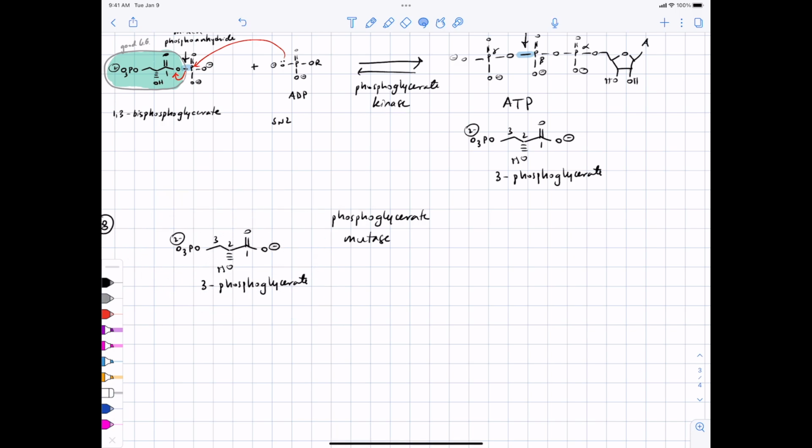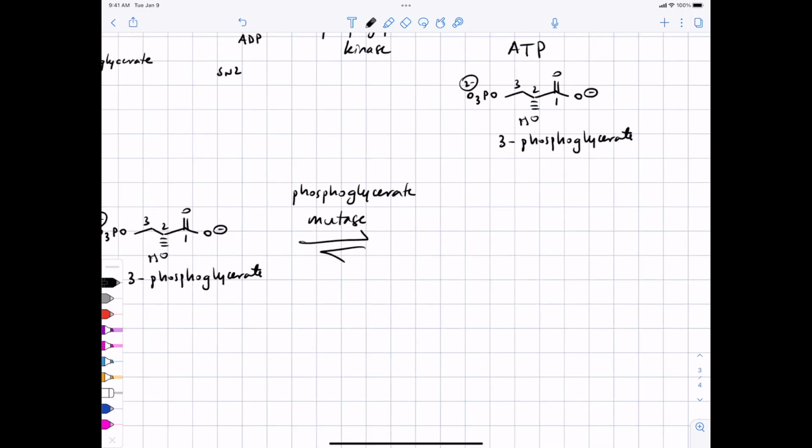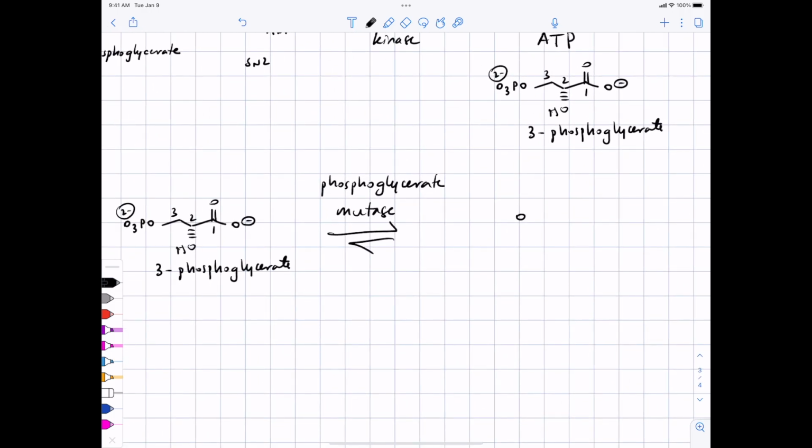It's going to move that phosphate group from the OH on carbon 3 to the OH on carbon 2. So we're going to have an OH here. The OH on carbon 2 is going to be the one with the phosphate group. And then we've got the carboxylic acid.